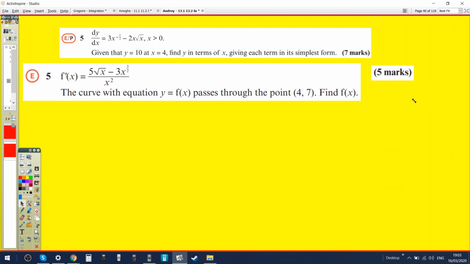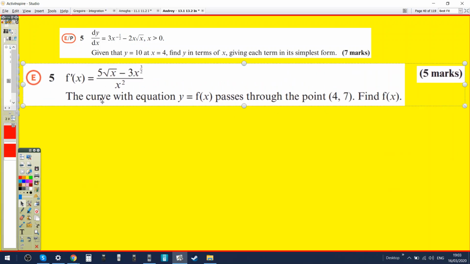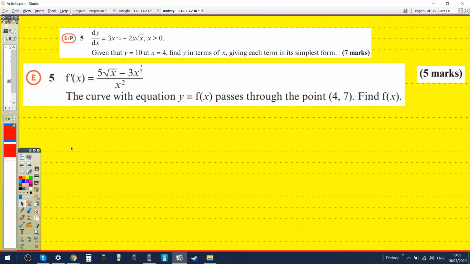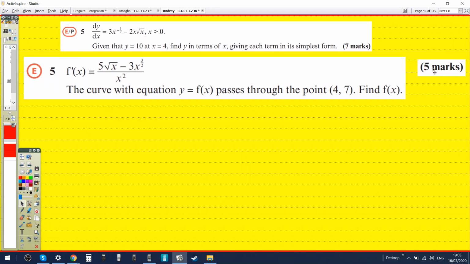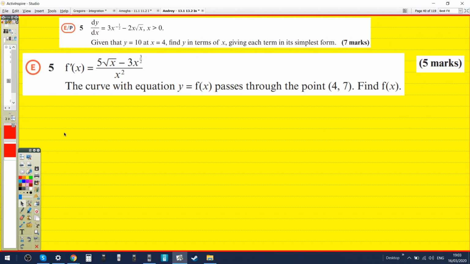Okay, so I first of all need to make it so that the over x squared thing is gone. Right.